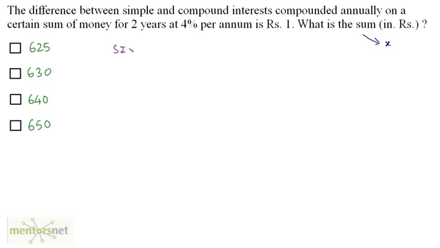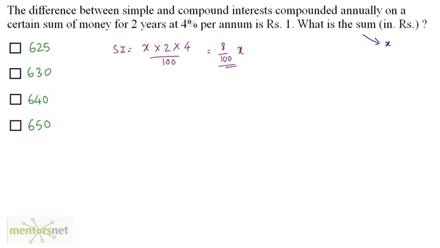So simple interest is equal to PNR upon 100, that's X into number of years 2 into the rate 4 by 100, right? So that is equal to 8 by 100x. That is the simple interest.